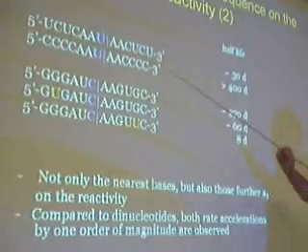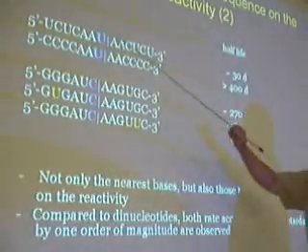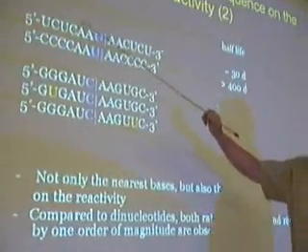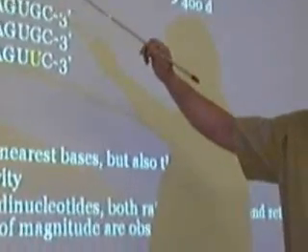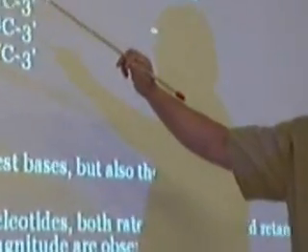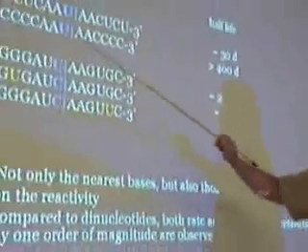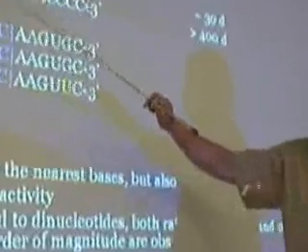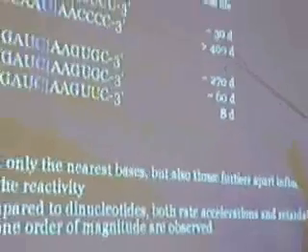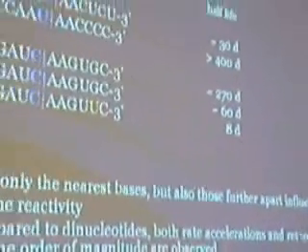And here is a quite amazing example. Still we have relatively the same reaction site, CAAUAAC in both cases, but here UCU, here CCC. This is 30 days, this is more than 400 days.